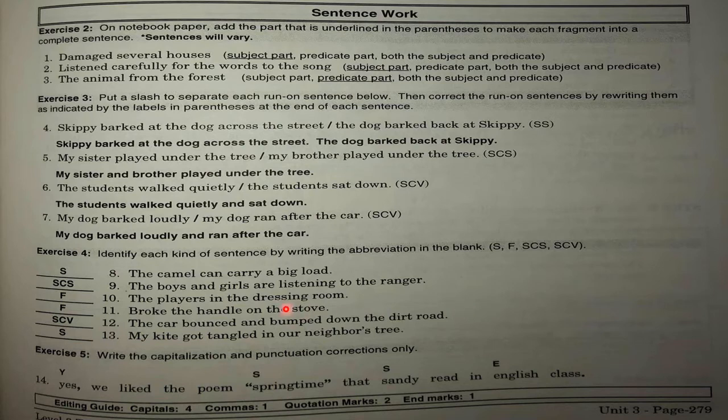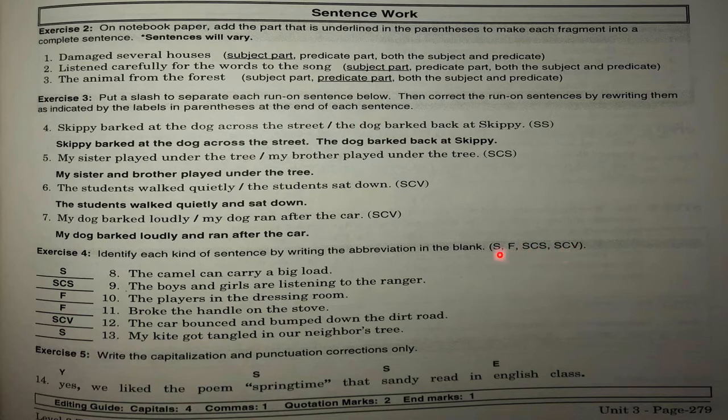So all you need to do is read the sentence carefully and then look at what we have in a sentence. Is it a compound subject or compound verb? And then you will decide what type of sentence it is. We have 4 types in here, okay? Like it's 3 types, but because of the different abbreviations, it makes 4 types.